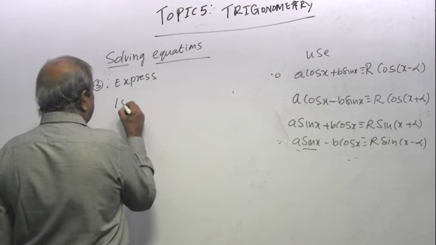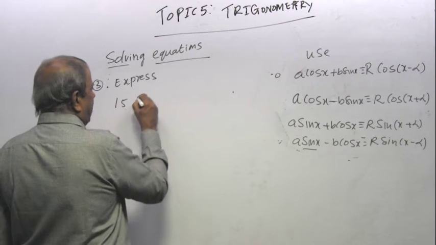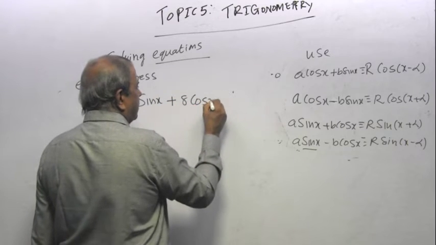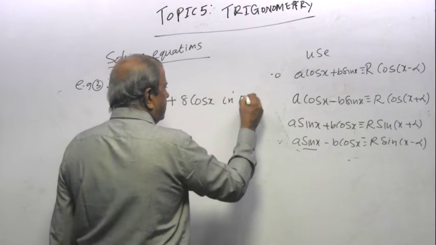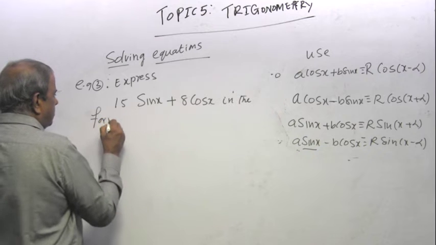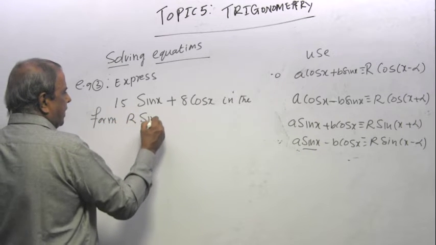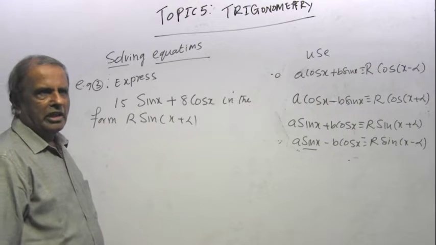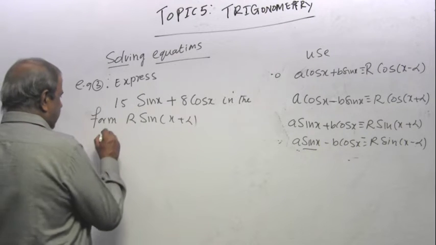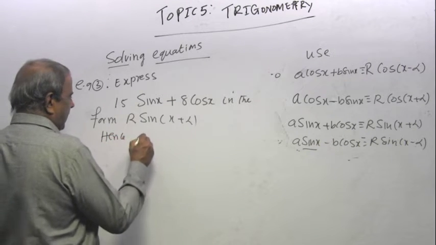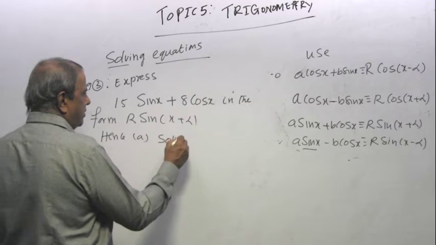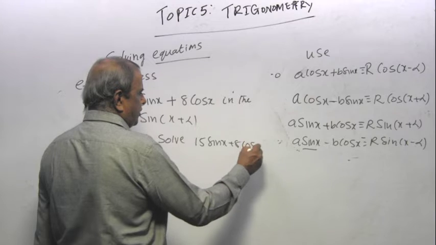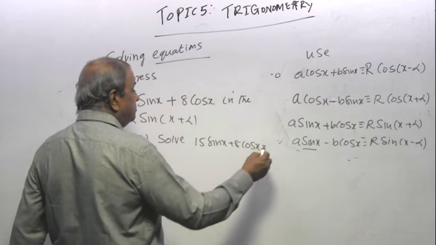Express 15 sin x plus 8 cos x in the form r sin(x plus alpha), where r is greater than 0 and 0 less than alpha less than 90. Hence, part A: solve 15 sin x plus 8 cos x equal to 5.